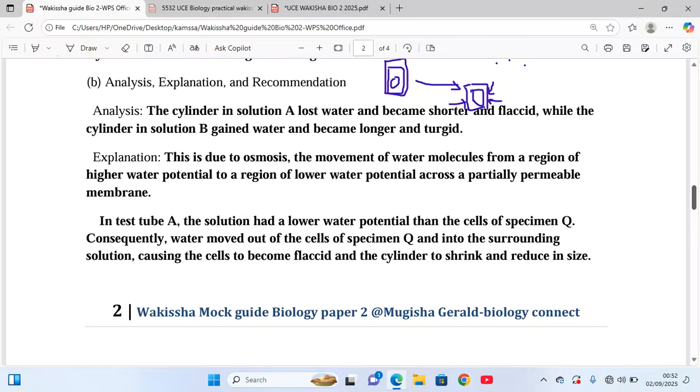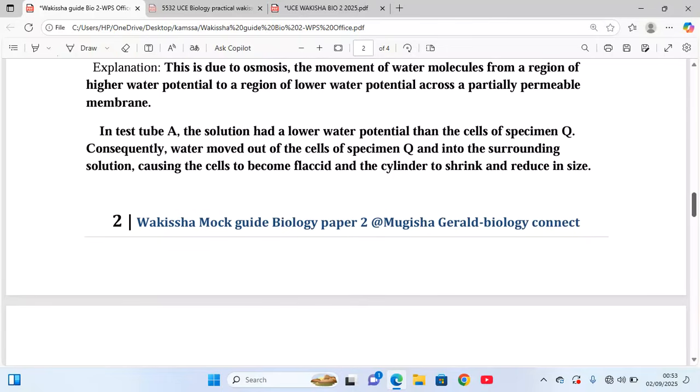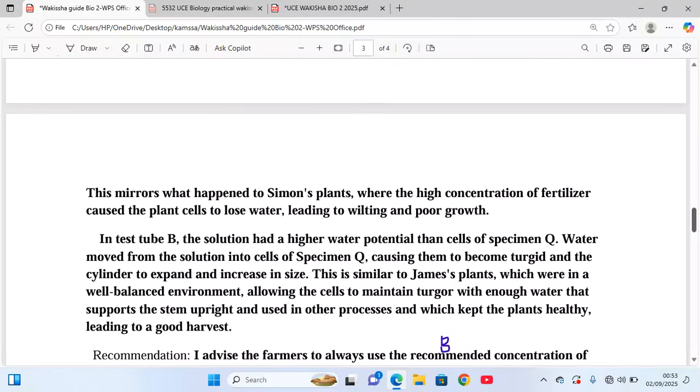In test tube A, the solution had a lower water potential than the cells of specimen Q. Consequently, water moved out of the cells of specimen Q and into the surrounding solution, causing the cells to become flaccid and the cylinder to shrink and reduce in size.